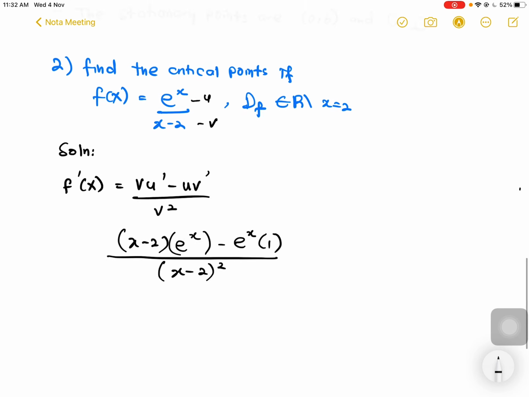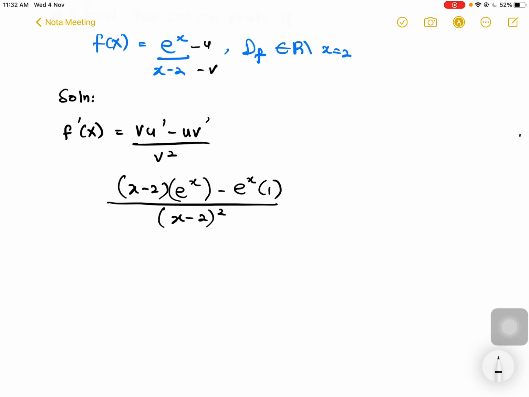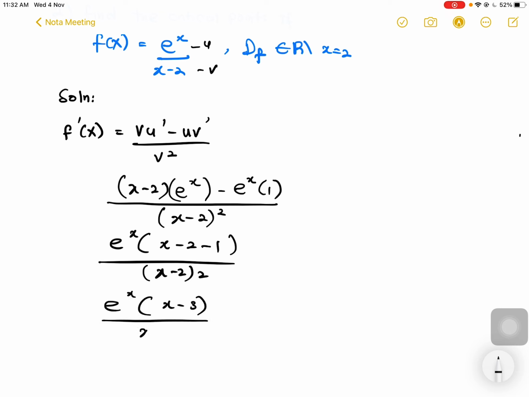Your answer is e x over x minus 2 minus e x over x minus 2 power 2. So your final answer is e x times (x minus 3) over (x minus 2) power 2.